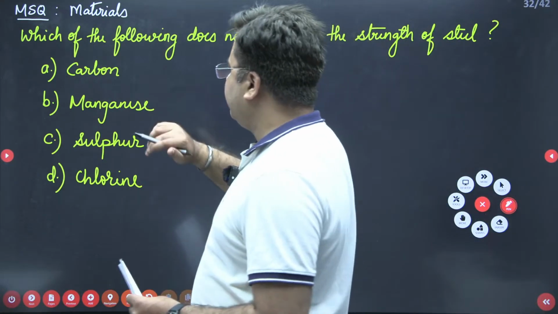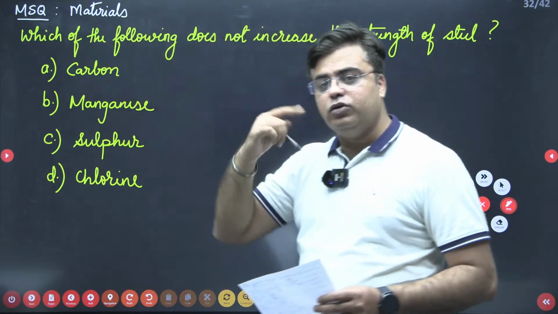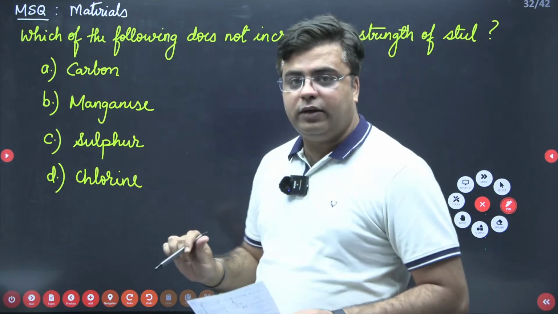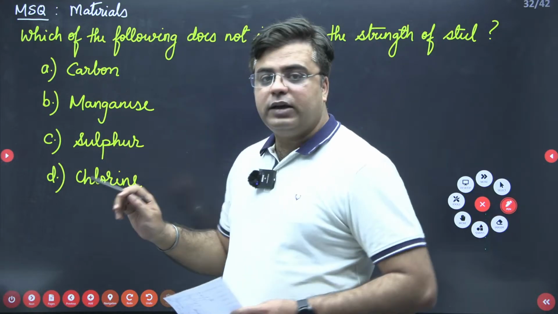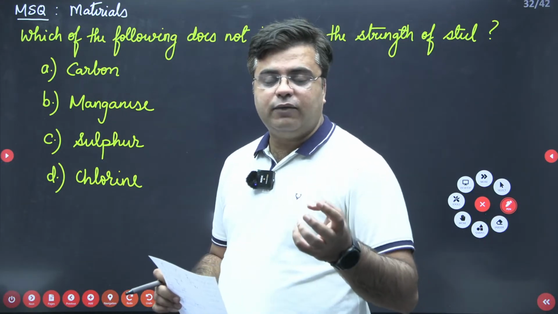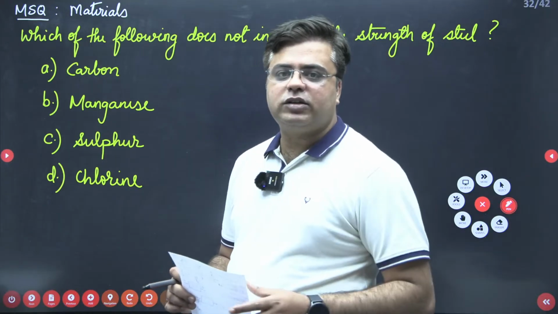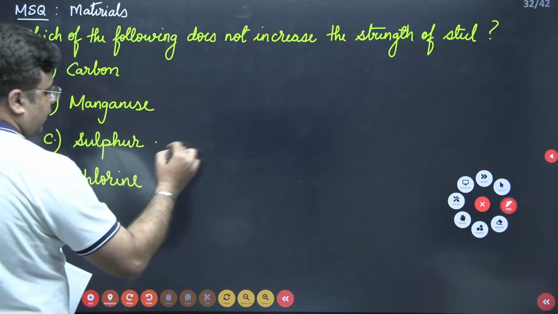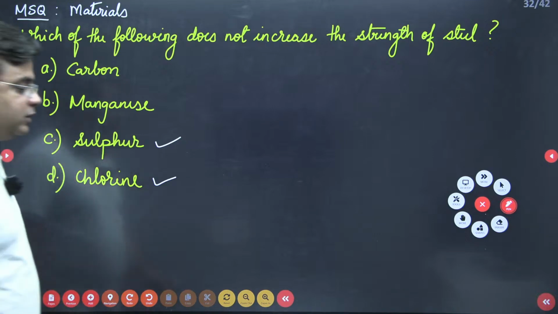So carbon and manganese directly contribute to the strength of steel. They usually increase the strength of steel. But sulfur and chlorine do not affect the strength. In fact, sulfur is a kind of impurity. If it is present in somewhat more amount, it reduces the strength drastically. So for this question, sulfur and chlorine are your correct options. Means sulfur and chlorine do not increase the strength of steel.